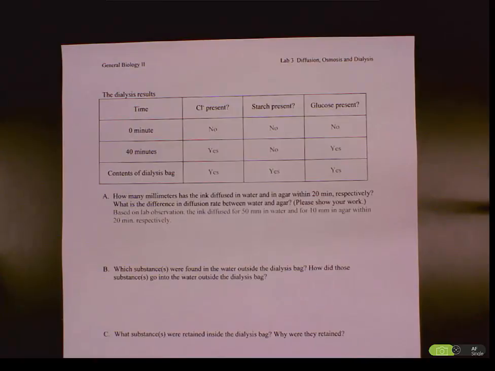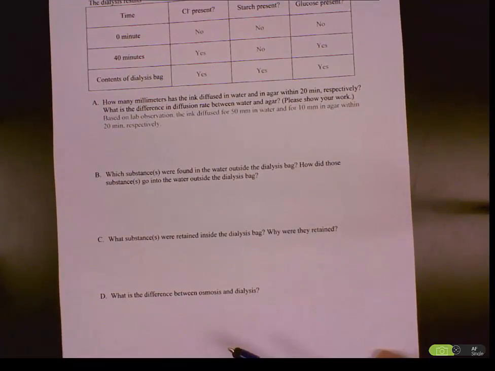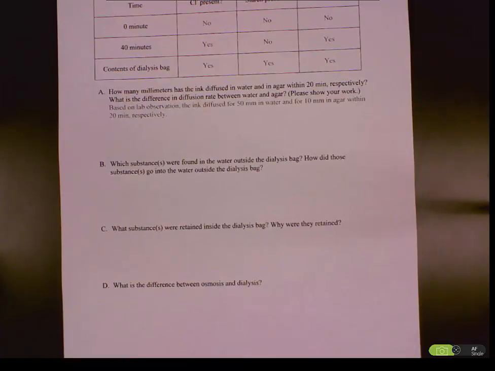Then with the dialysis data, you can answer questions B and C. Then for the last one, you just go through the information in the introduction part, and you will find the difference between osmosis and dialysis. That's all for today's lab.